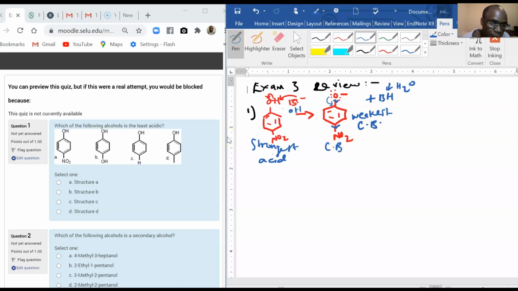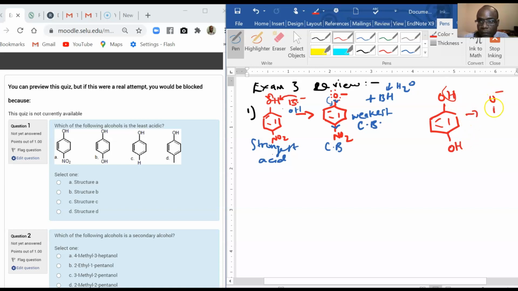So the answer is not A. A is the most acidic because you have an electron drawing group. So you can tell now what the answer is, because if you look at the second one, you have two OHs, right? If this hydrogen is lost to a base and you get O minus, guess what happens? You have an OH here. The oxygen has a lone pair.